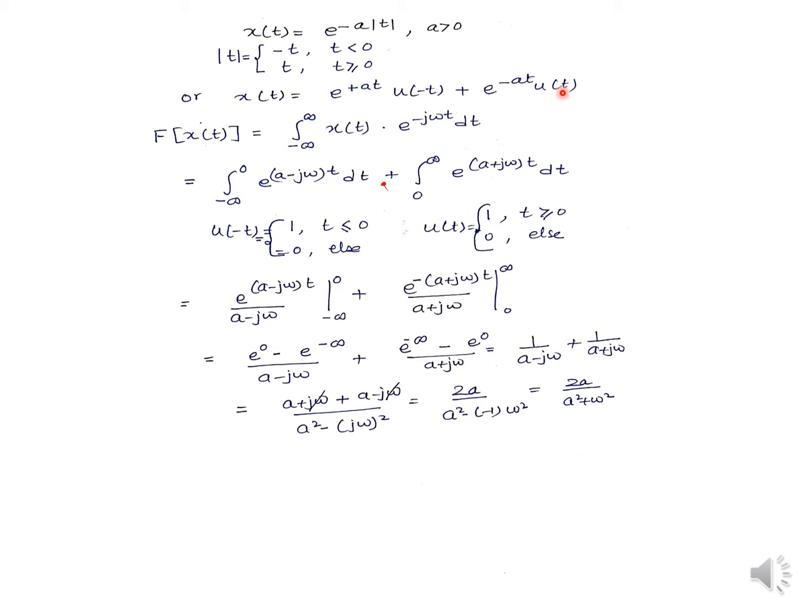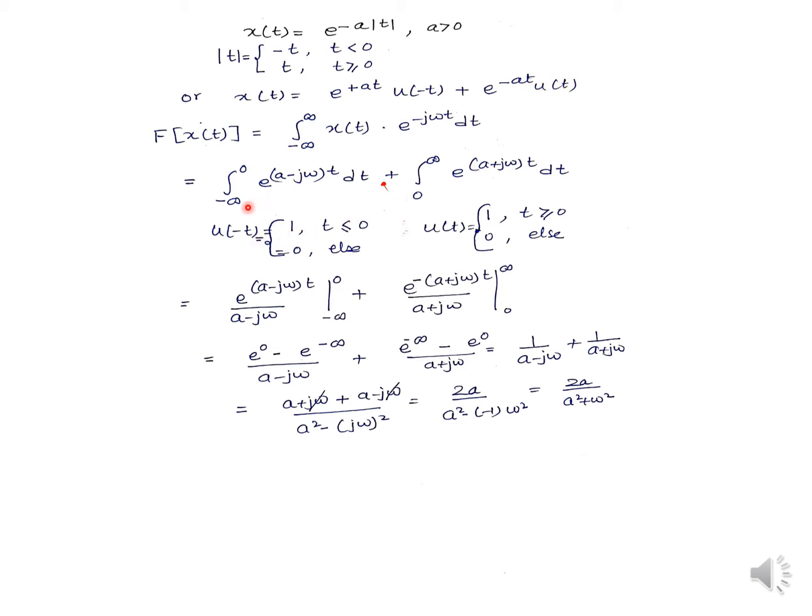To find the Fourier transform, we use this: F of x(t) is equal to integral from minus infinity to infinity of x(t) into e raised to the power minus j omega t dt. So from minus infinity to 0 we have this signal, and from 0 to infinity we have this signal.